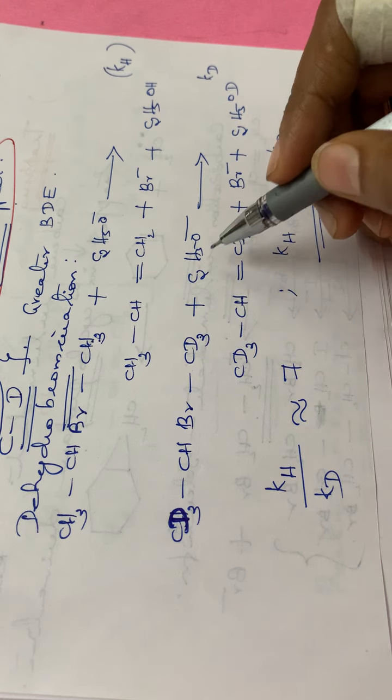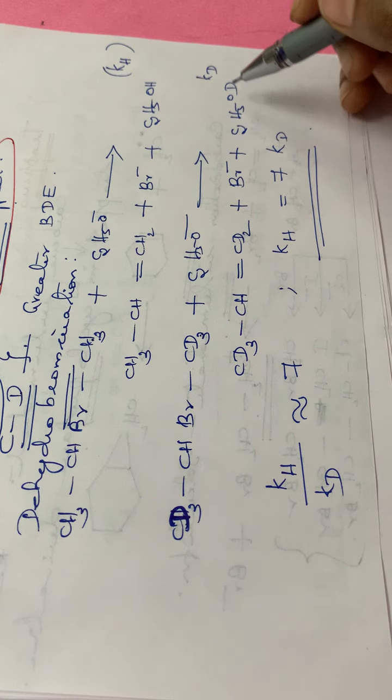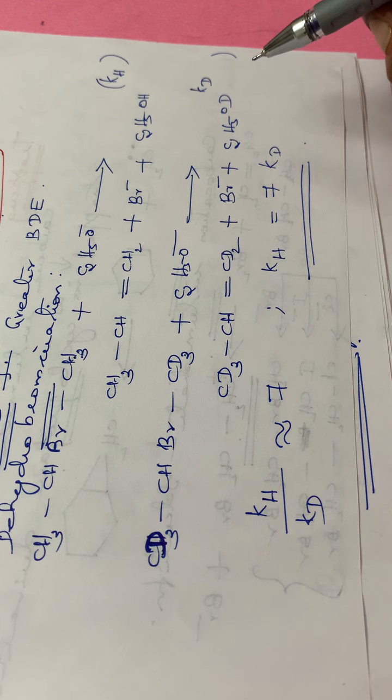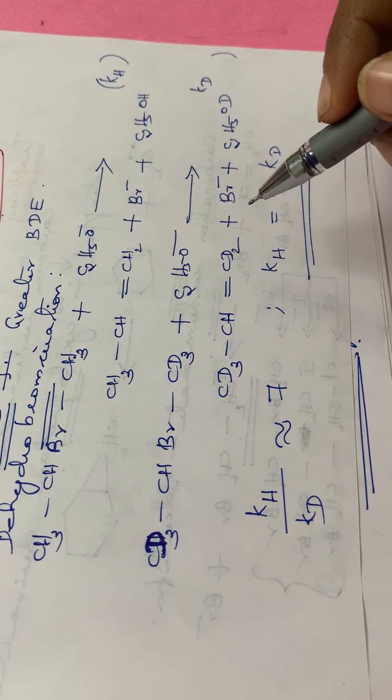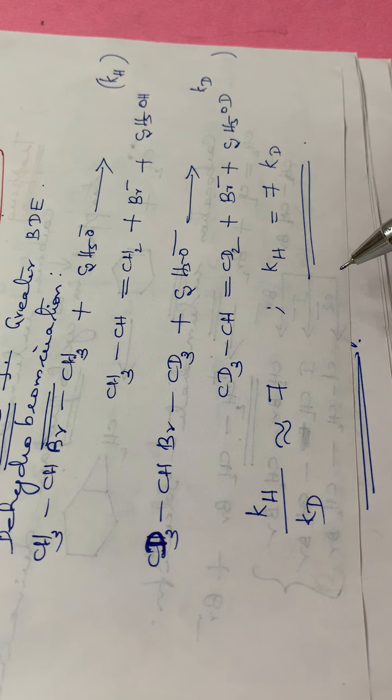That is why, while we are replacing it with D3, the rate of the reaction becomes this much slower. So from this it is clear that an intermediate, a carbocation, is not formed in this elimination reaction, in this dehydrobromination.